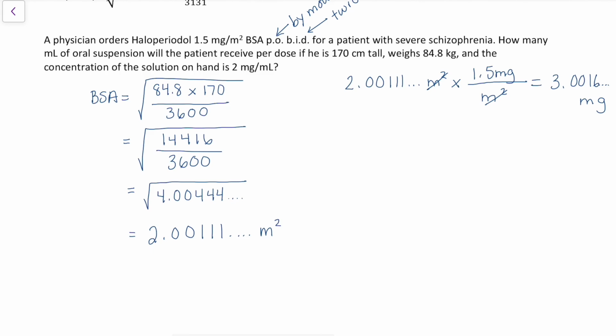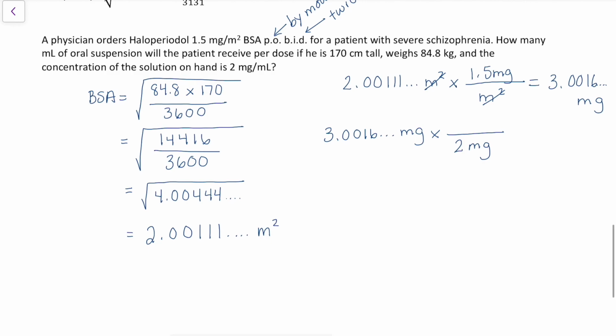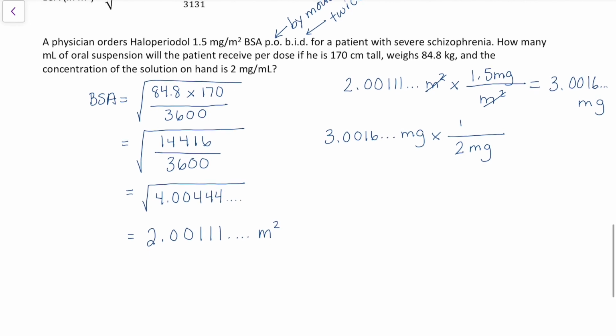Now the concentration that we have on hand is 2 milligrams per milliliter. So I take my milligrams and multiply that by 1 milliliter over 2 milligrams. I've put the milligrams on the bottom so that they can cancel.